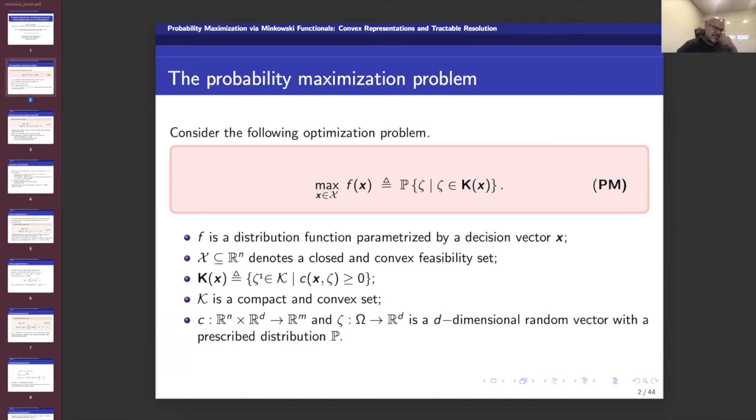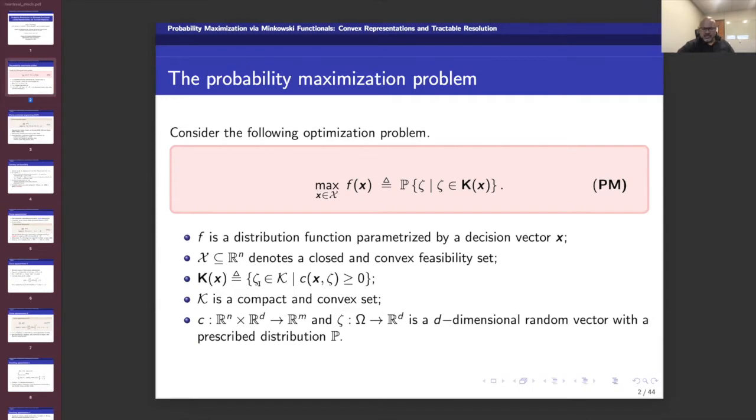We're interested in maximizing our function f, where f is defined as a distribution function parameterized by a decision vector x. So I'm going to be optimizing over some set X, where X is a closed and convex feasibility set. And this boldface K, which I'm going to refer to as K(x), is just the set of zeta in some K script such that c(x, zeta) is non-negative.